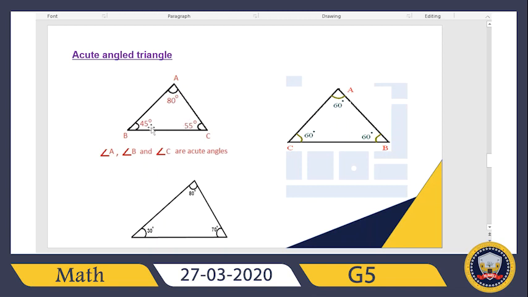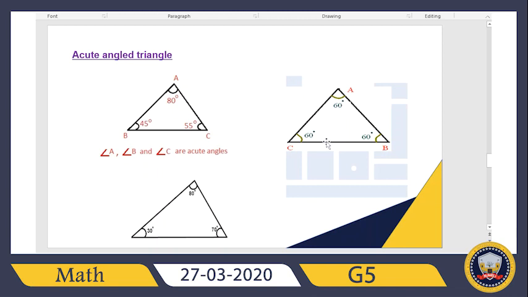Each of these angles, every angle inside this triangle, is less than 90 degrees. 45 is less than 90, 80 is less than 90, 55 is less than 90. So I can call this triangle an acute angled triangle, because each angle inside it is less than 90 degrees.